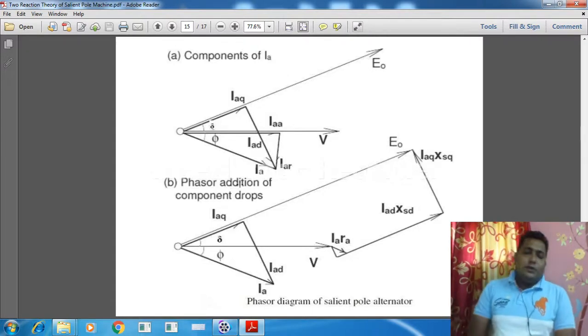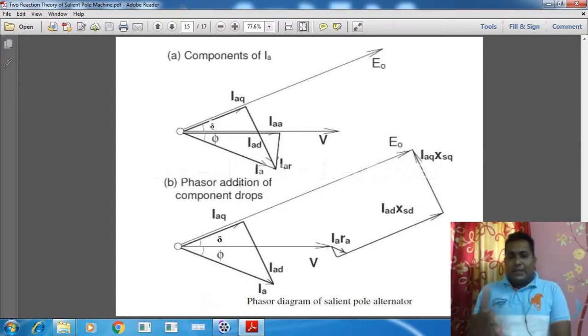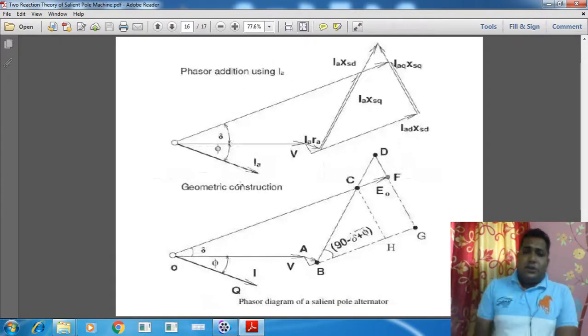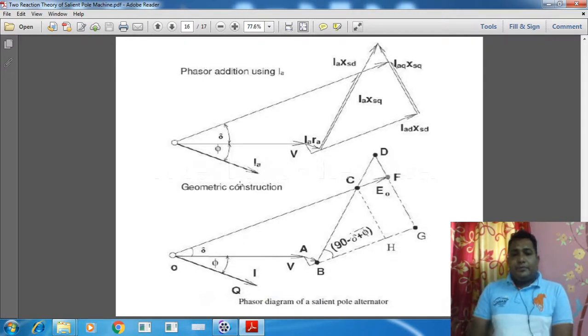Different phasor diagrams represent the characteristics we have and how they lead or lag each other. Just carefully view the phasor diagrams and you will be able to understand them. This is a phasor diagram of salient pole alternators.